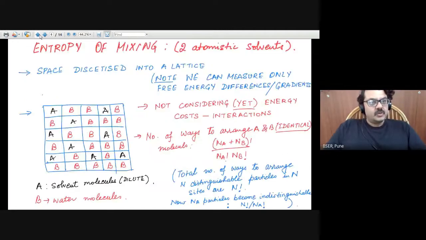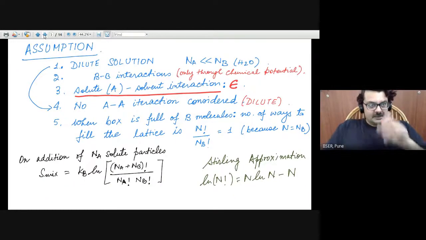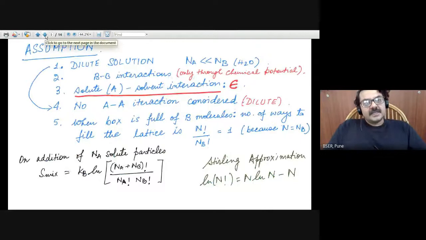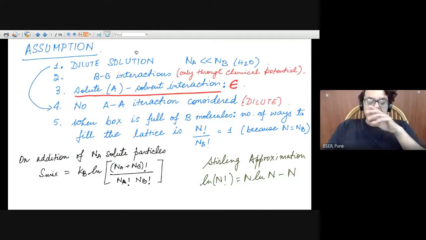Those who have had statistical mechanics, I'm sure they would not have any problem. But I discuss this in greater detail because there might be third year students as well. So that's why I spent some time to discuss this. Okay, but the assumption that we are going to finally use is that there's a dilute solution.